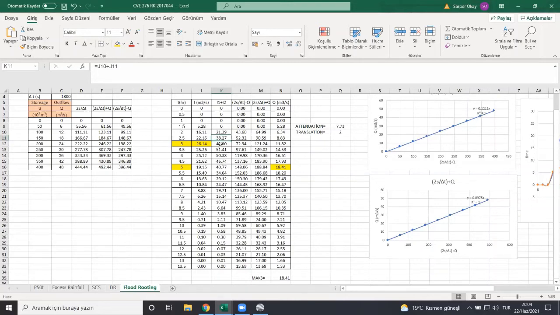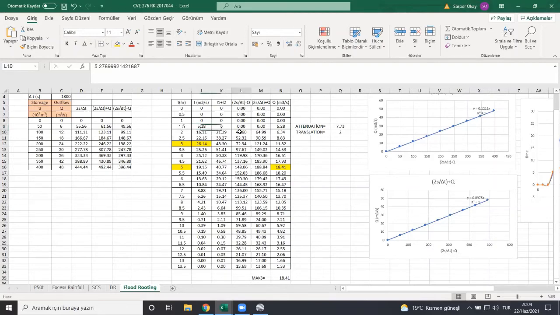For the third row, you'll sum 22.16 with 26.14, and you'll get 48.30. It goes like this. You're going to fill this column. After that, as I also told you, this first Q value will be equal to the first I value. Then you fill this one.